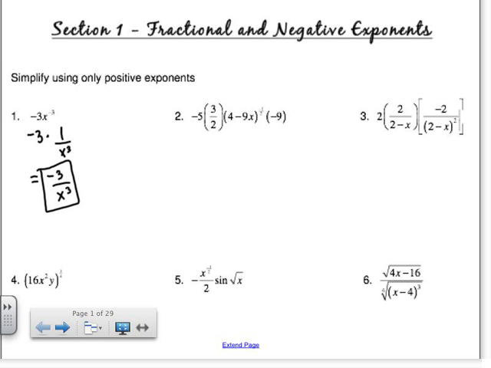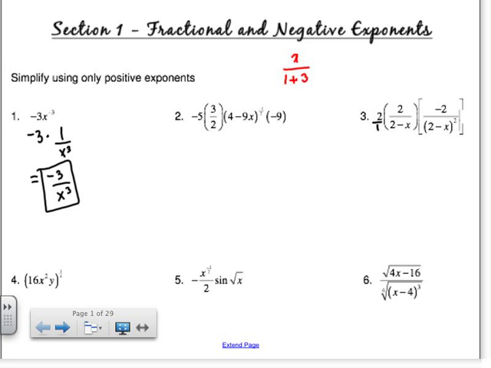All right, things like number 3 might be a little bit more difficult. So number 3, think of it as 2 over 1, times 2 over 2 minus x, times negative 2 over 2 minus x squared. Now, one of my big pet peeves is when people just cancel the 2's, so please don't do that. That's just like if we had 1 over 1 plus 3, you can't just cancel the 1's.